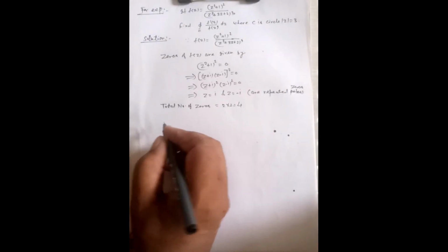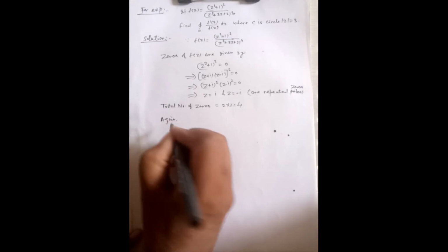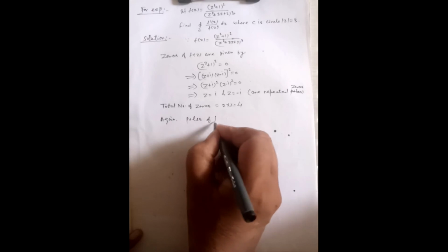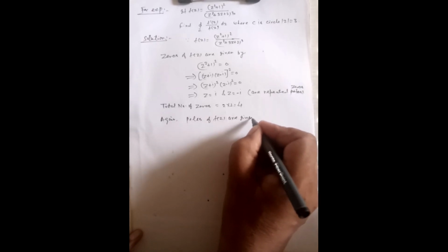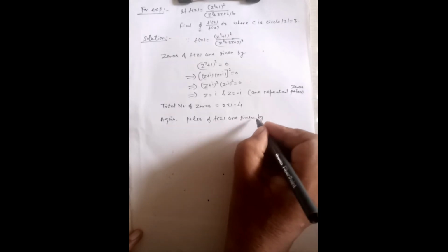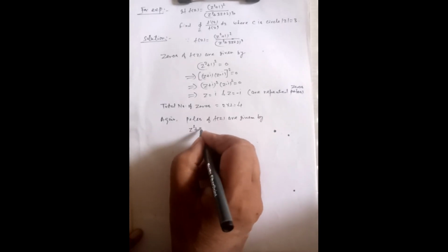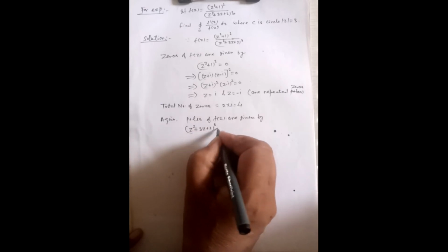Now the poles of f(z) are given by (z squared plus 3z plus 2) whole cubed equal to 0.